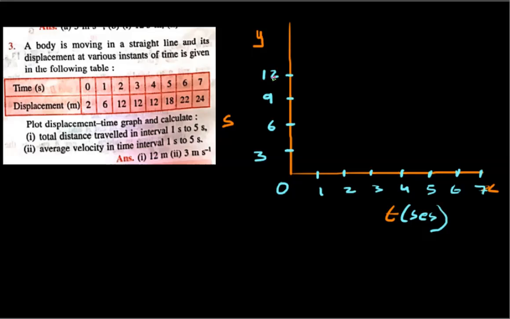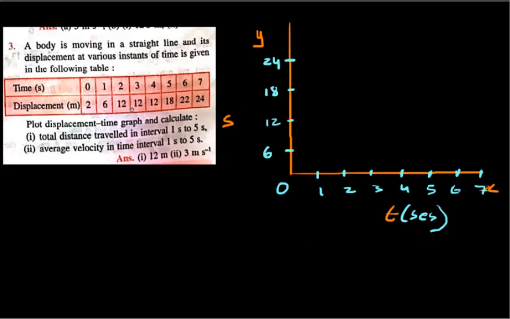Oh, I guess that will be a lot. We need to make it a bigger unit, so let's remove this. Let's say we take the units as 6 meters. So 6, 12, 18, 24. This is my scale for the displacement.